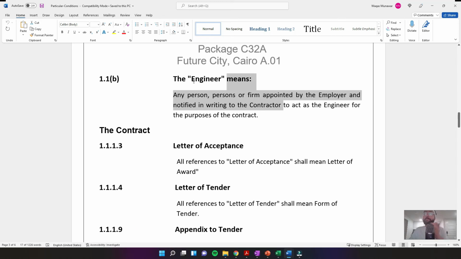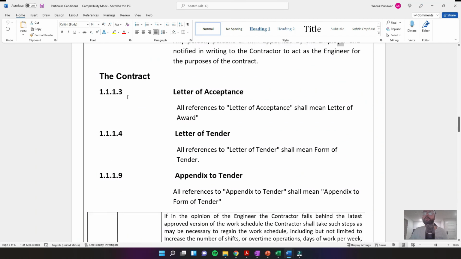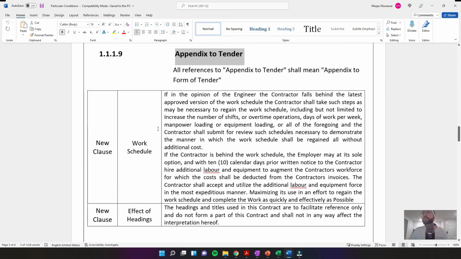Normally, people who are consultants to the clients are called the engineers, and they're appointed by the employer, and they do the management and everything. So the contract, the letter of acceptance, letter of tender, appendix to tender, and all that stuff.